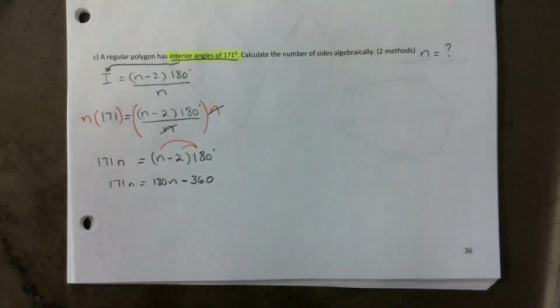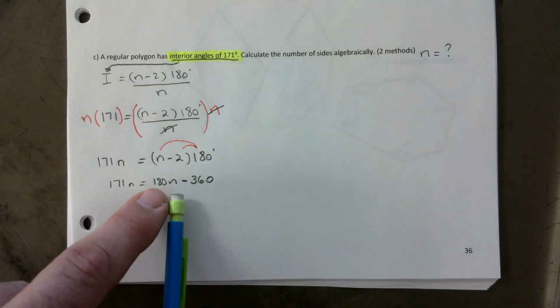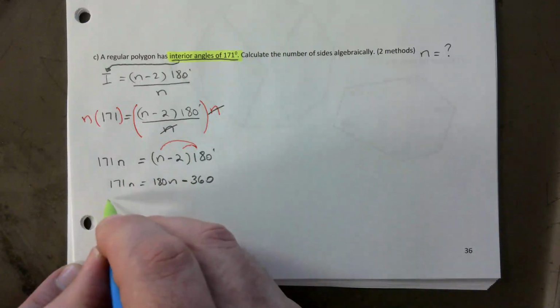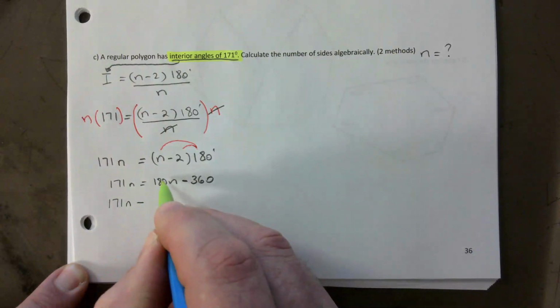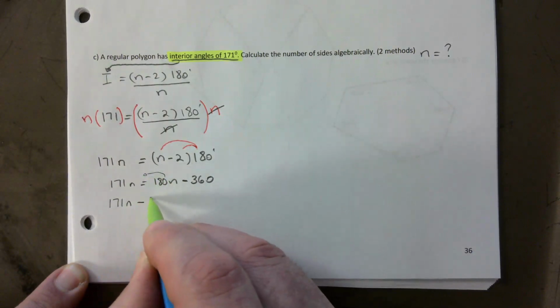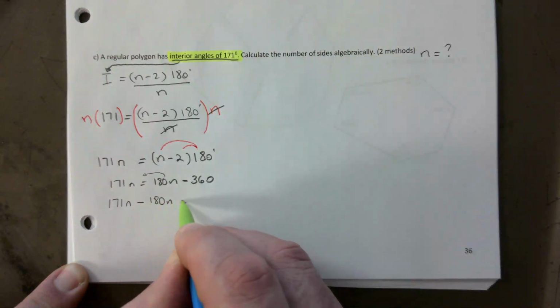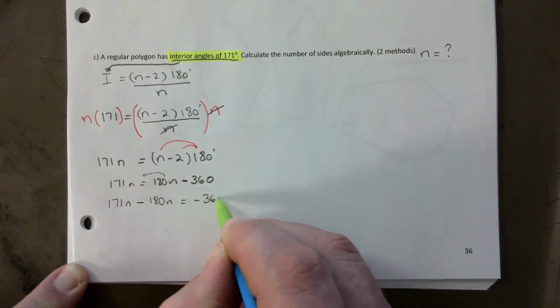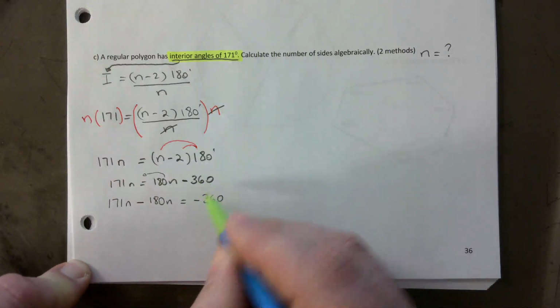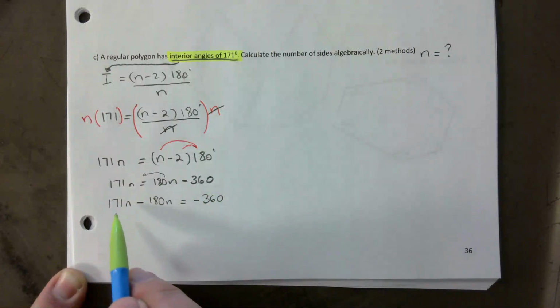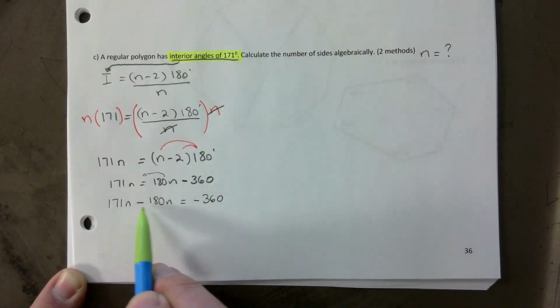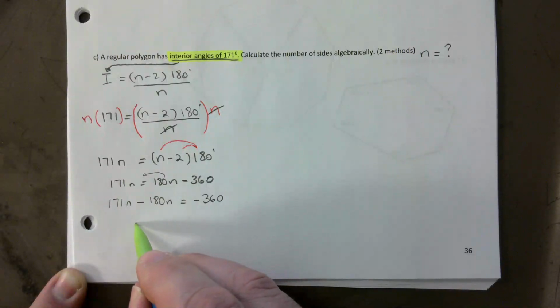And I will bring the n over to the left side. So 171n minus, as soon as it crosses, it's minus 180n. And I'm left with negative 360 because the 360 stays on the right side of the equal sign. What's 171n minus 180n?